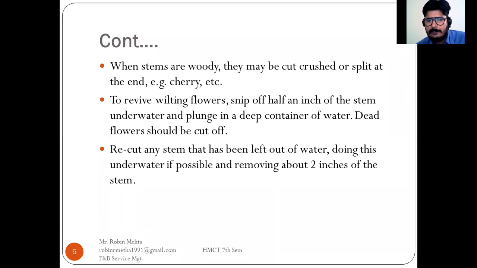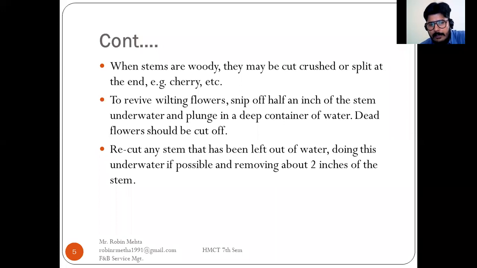At that stage we can cut, crush, or split them. Split is like nipping. When we nip the flower bud, or nip the flower from the plant, we can split the same way. We can crush that with the hands, or use a sharp scissor or knife. For example, cherry plants have the same kind of stems with a woody texture, and they do not have much moisture.